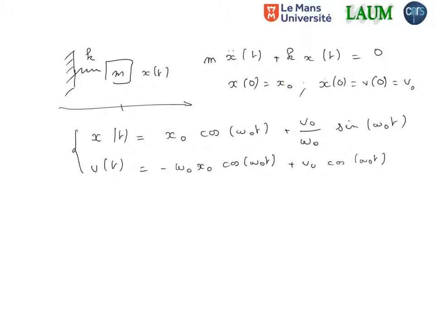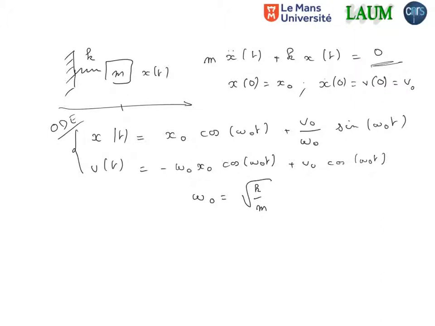When we apply the theory of ordinary differential equations, we can find that this is a free vibration problem, no force here. The solution can be written as a linear combination of cosine omega 0 t and sine omega 0 t, where omega 0 is equal to the square root of k over m.